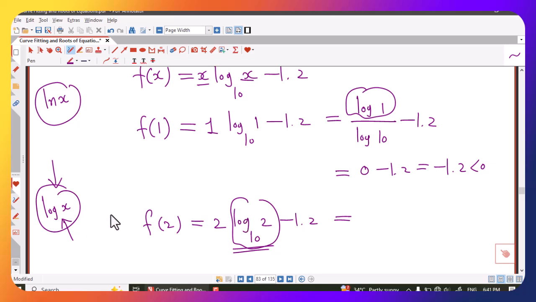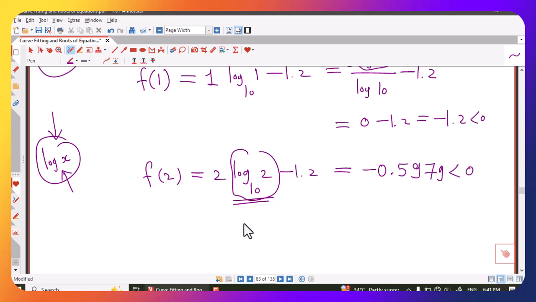So using this button, we will obtain value of log 2 to the base 10, and we will multiply it with 2, and we subtract 1.2 from that, and we find that f of 2 is minus 0.5979. So this is also negative.